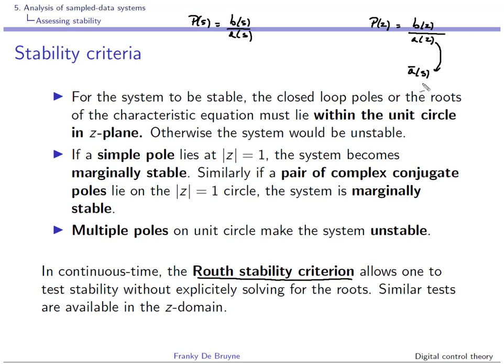And what you can then do is again use the Routh criterion. This is also covered in the slides, but I'll leave it for your information.